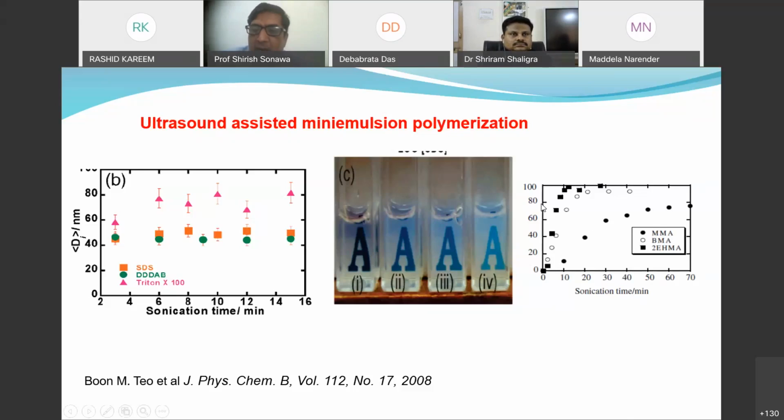Almost 80% polymerization, or up to 90% polymerization, when butyl methacrylate or EHMA polymer is there. So these kinds of properties of the monomer have a big impact during the cavitation process.